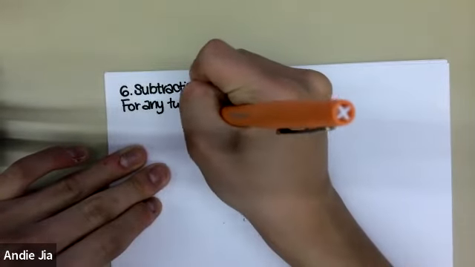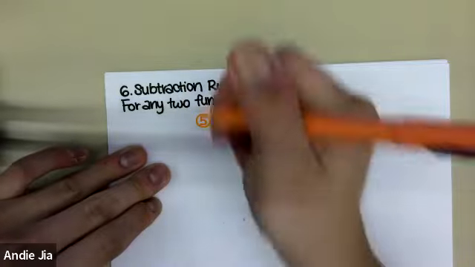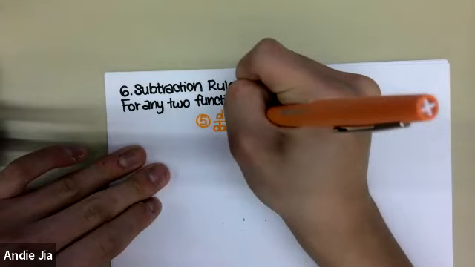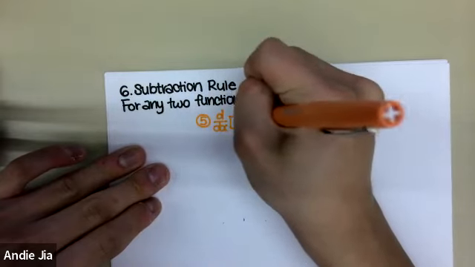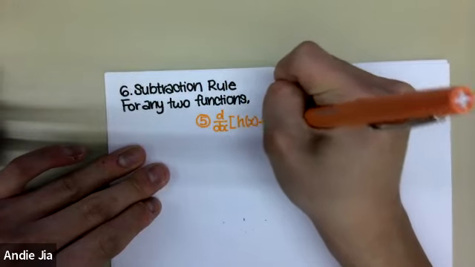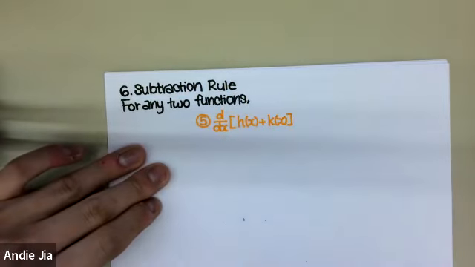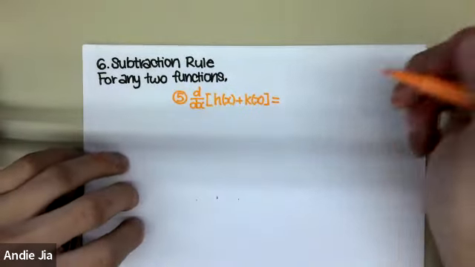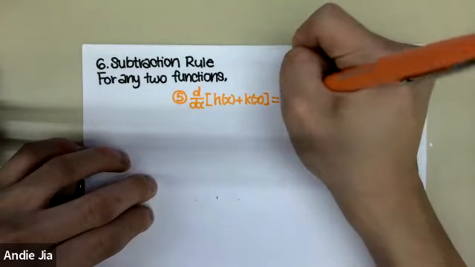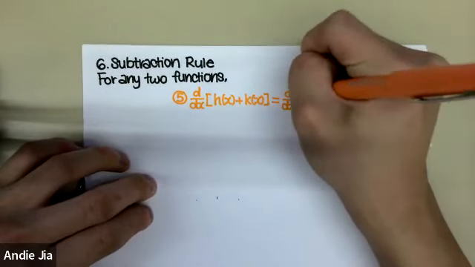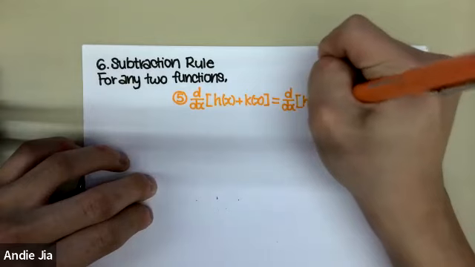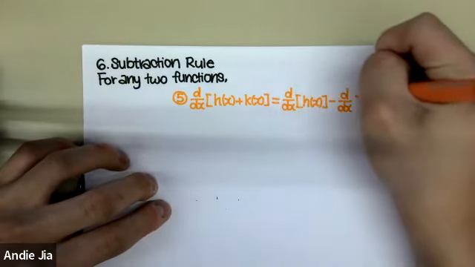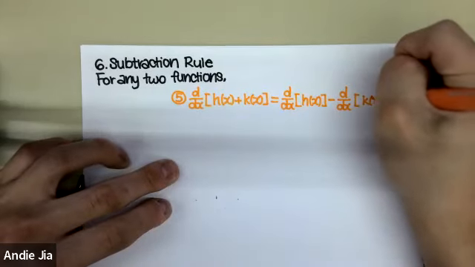Number 5, I think. Oh my, making this kind of stupid mistake. Minus d/dx of k of x.